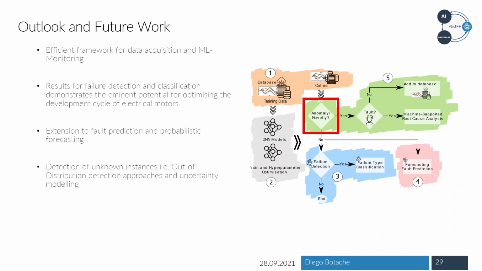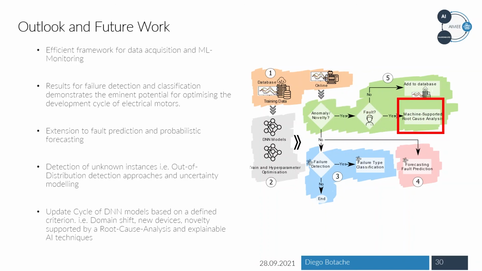Detection of unknown instances, like using out-of-distribution techniques or uncertainty modeling, is required, including also the knowledge of human experts. We need to define criteria for defining domain shifts in the system, to trigger updates of the models in the system, and a suitable root cause analysis and the application of explainable AI techniques are also required for supporting the labeling process of new failure types in the system.